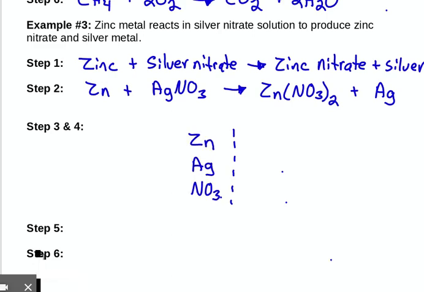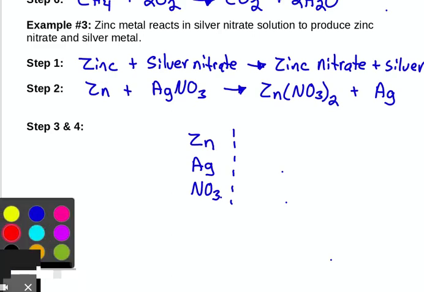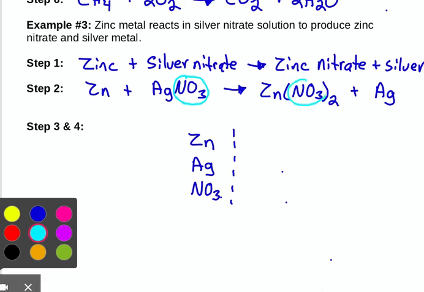So one thing that I hadn't talked about yet is the fact that if your polyatomic, so I'm going to circle my polyatomic in blue here. If your polyatomic ion, like nitrate, NO3 and NO3, stays connected, so it stays as exactly the same polyatomic, you can consider that as one thing down here.